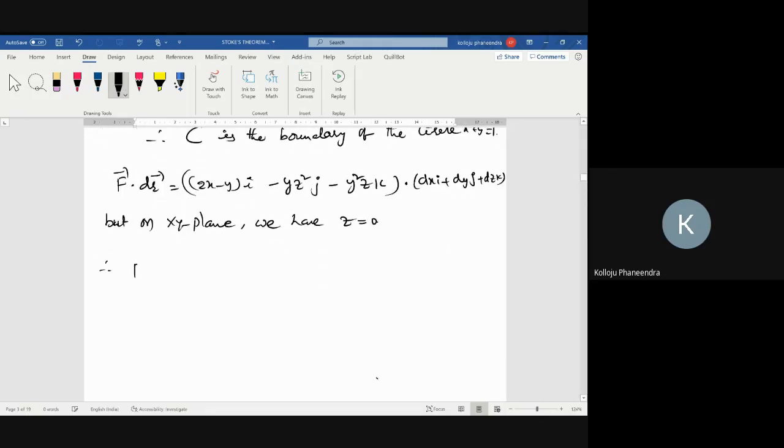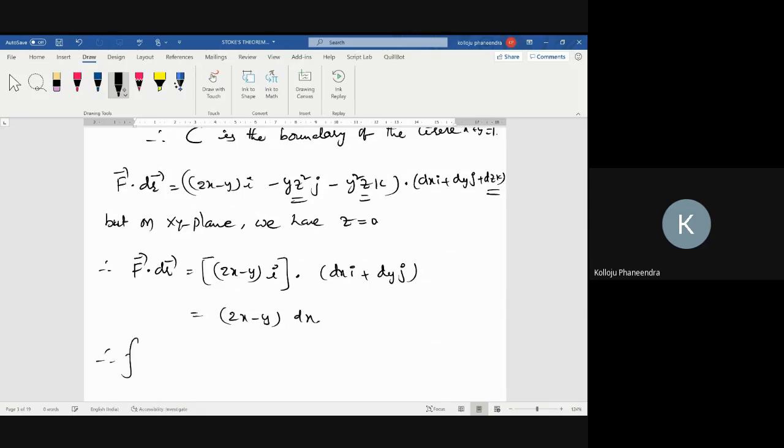Therefore, f bar dot dr bar becomes what? The z terms are 0 and dz is also 0, so we get just (2x minus y) dx. Therefore, the circulation over C of f bar dot dr bar is equal to the circulation over C of (2x minus y) dx, where C is the boundary of the circle.